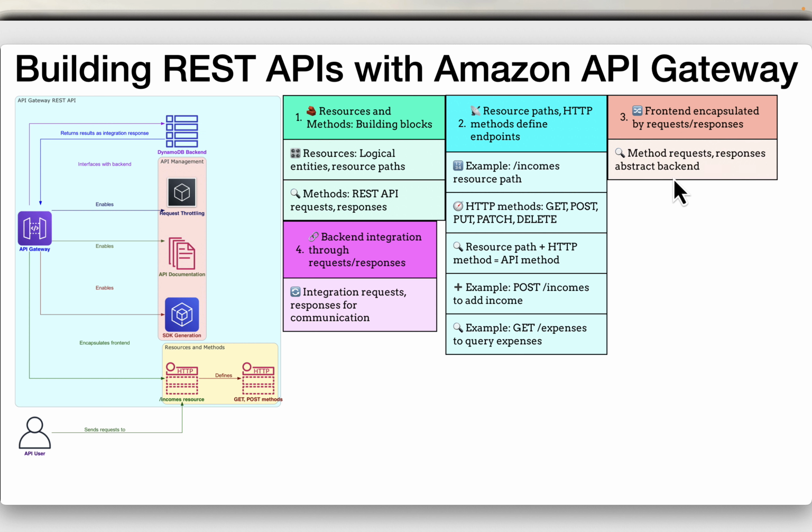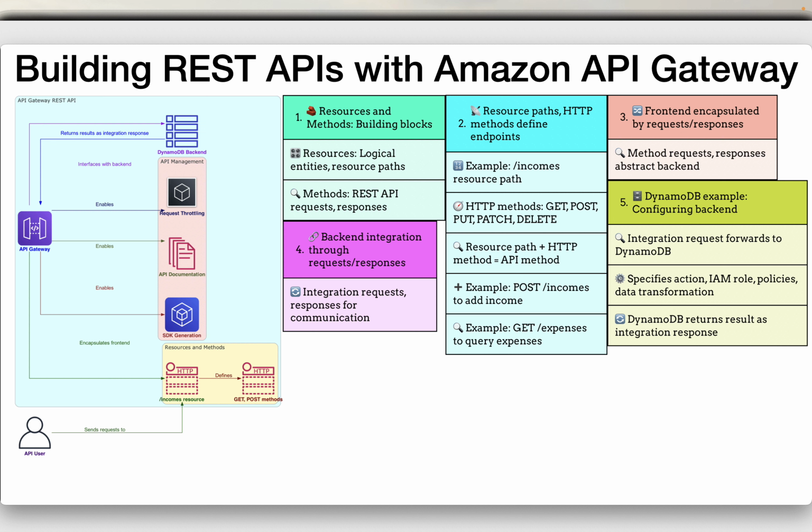You click some button and you have a query, so you will call get, and you want to create something, you say post, and you want to update something, you use the put method. So that's how you integrate your front end, which is encapsulated with request and responses, and that in turn invokes the backend, which is your API Gateway, to route the request to either a Lambda function or your EC2 application.